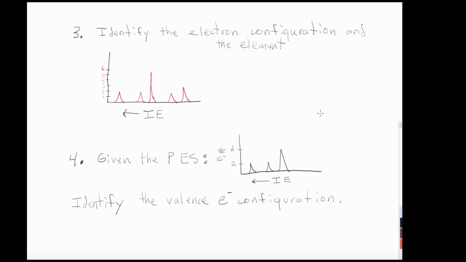Question number 3. Identify the electron configuration and the element. So here you're doing 2 things. You're identifying the electron configuration correctly and the element from the PES. Question number 4. Given the PES, identify the valence electron configuration.